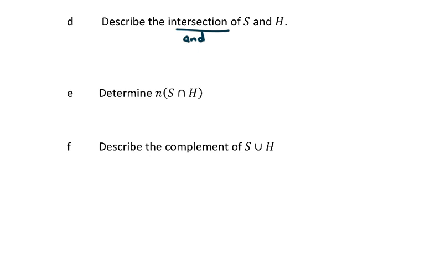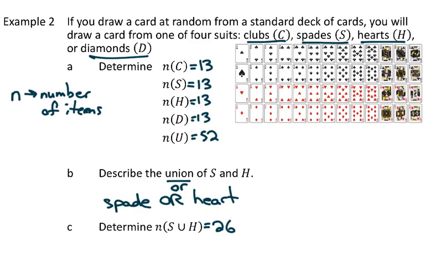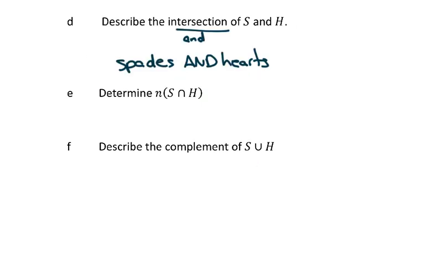So if we're talking about the intersection of S and H, these would be things that are spades and hearts. And looking back at that deck of cards, a lot of items have spades on them, a lot of items have hearts on them, but nothing has both a spade and a heart, so the number of spades and hearts would be 0.